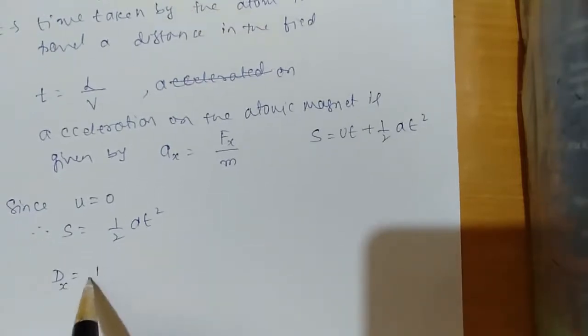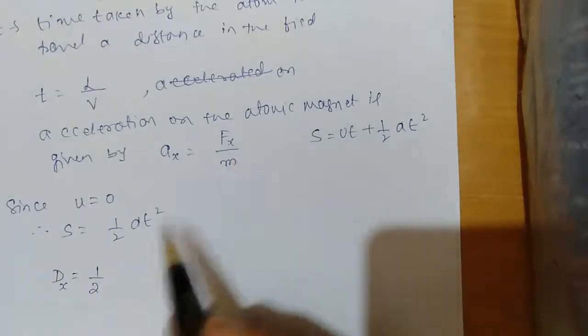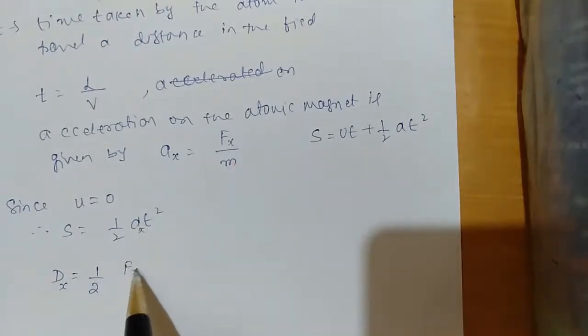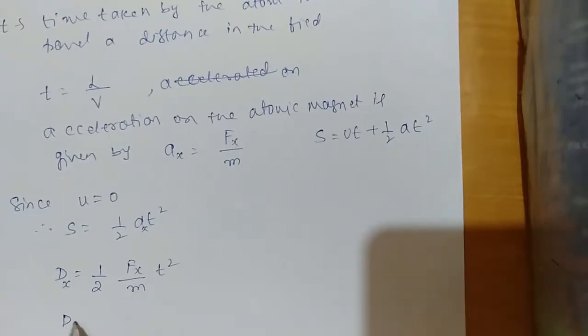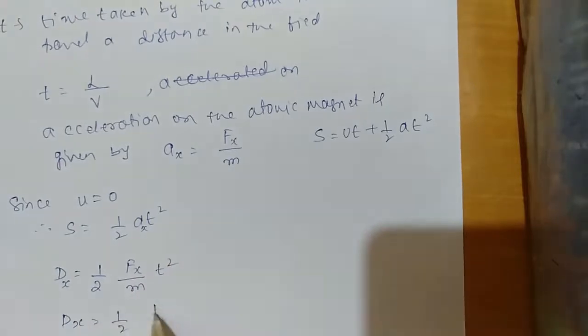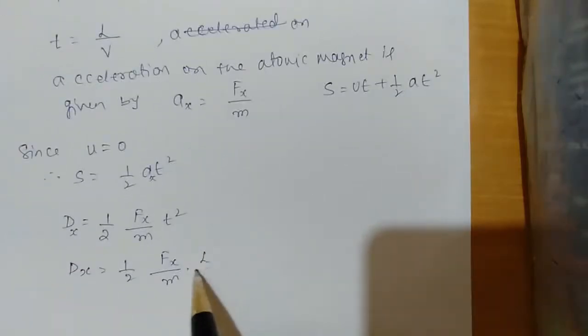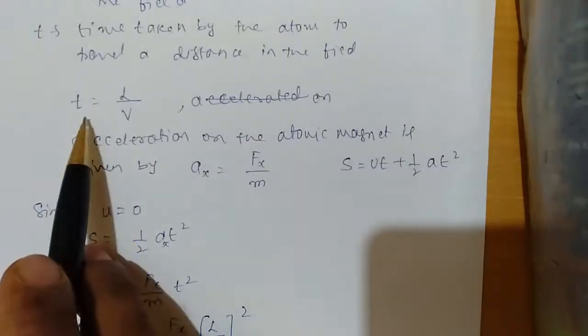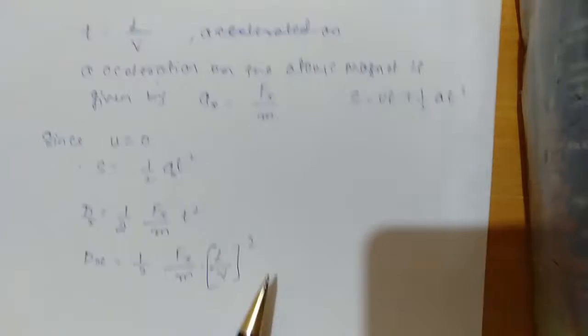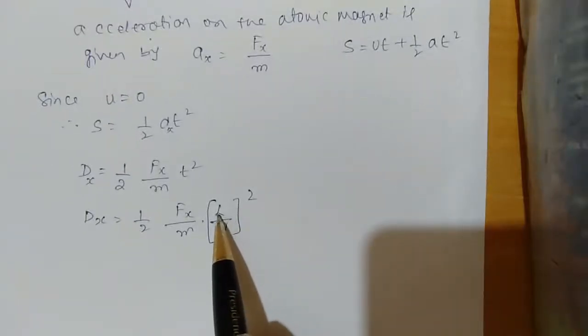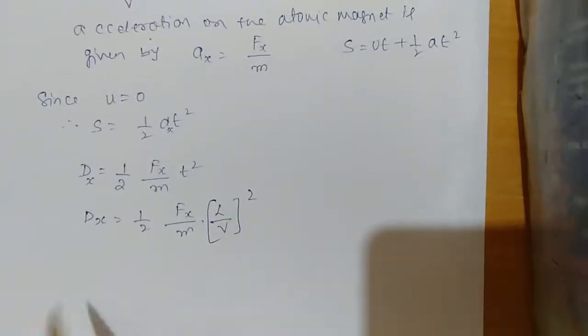This is equal to half into Fx by m into t square. Now dx will be equal to half Fx by m into L by v the whole square, because we have calculated the time as L divided by v.